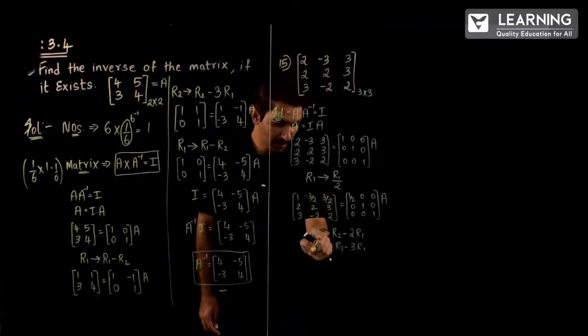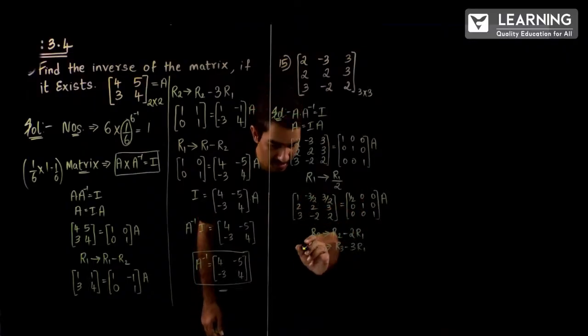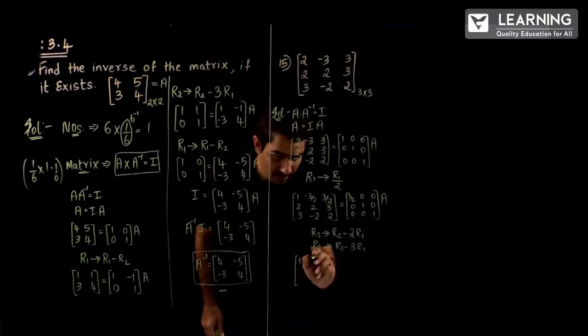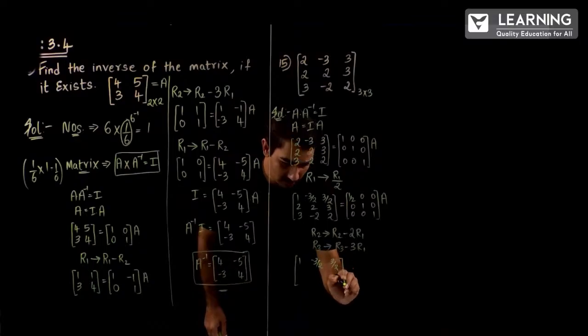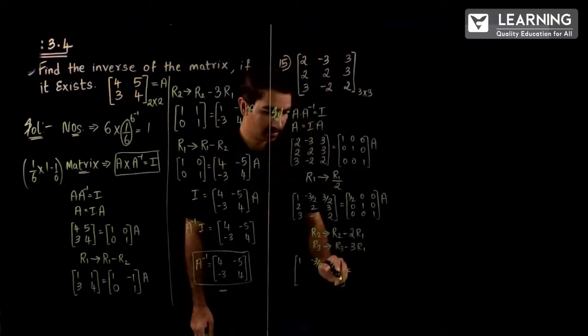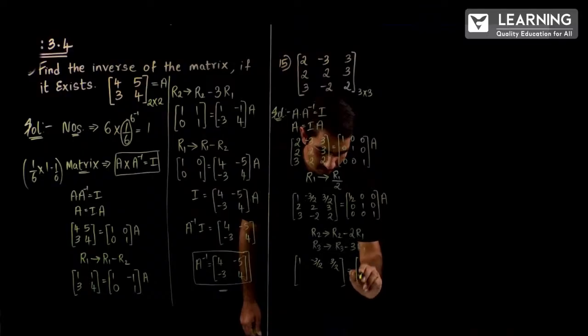So here, students, R2 and R3 are getting modified. R1 is as it is. So write the first row element as it is. So that is 1 minus 3 by 2, 3 by 2, which is equal to 1 by 2, 0, 0, A.